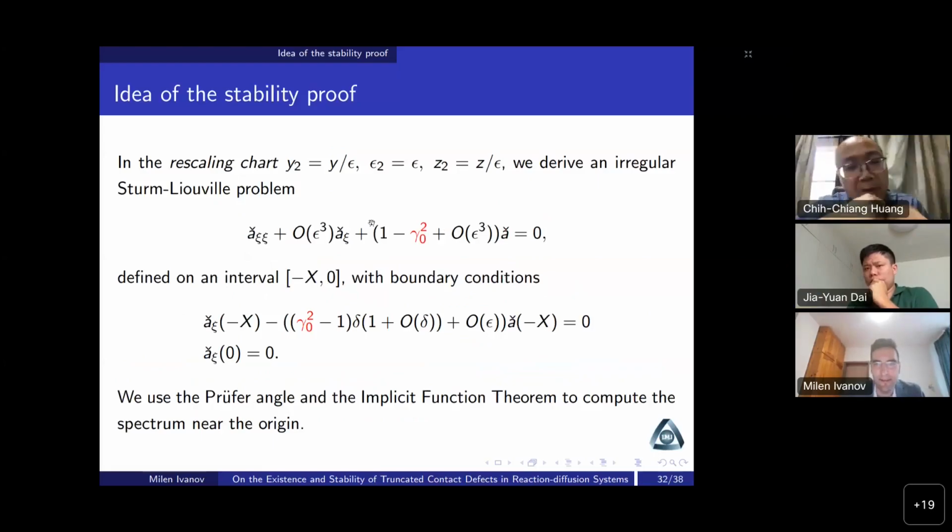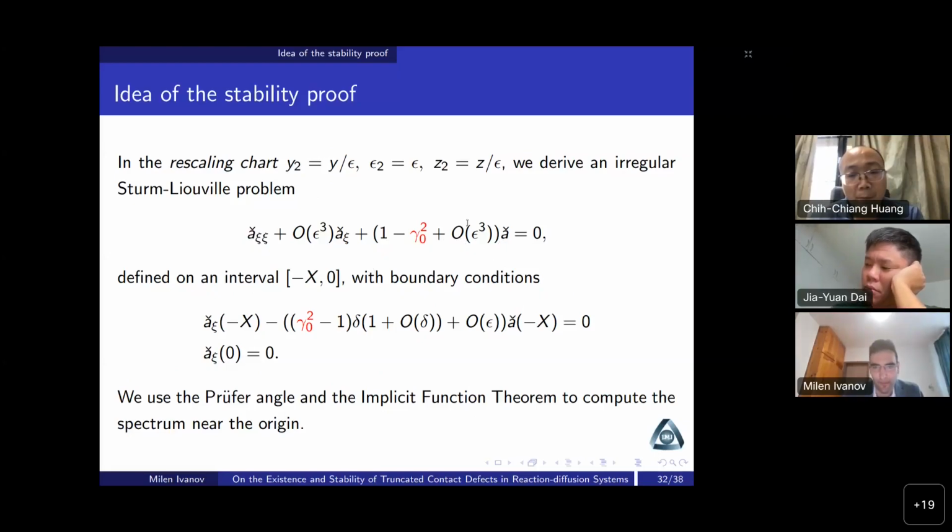And in the rescaling chart, you can feel free to forget these equations, we blow up by epsilon. So it turns out that in this rescaling chart, you can get a Sturm-Liouville problem. After some substitutions, when you go back to the linear problem, we get a variable hx, which has two derivatives, where O of epsilon cubed hx, first derivative, and then something times hx is equal to 0.